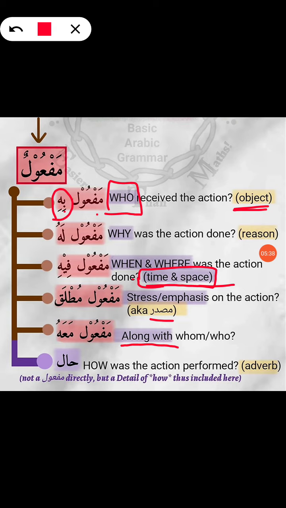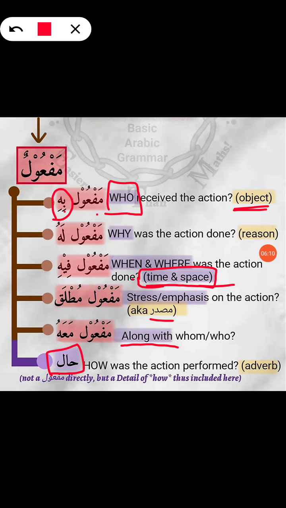And now these were our 5 subcategories for maf'ul. However, there is a sixth one as well, but this is not directly counted as a subcategory of maf'ul in Arabic. However, since it has the concept of being a detail, I personally like to include this terminology within this maf'ul category.